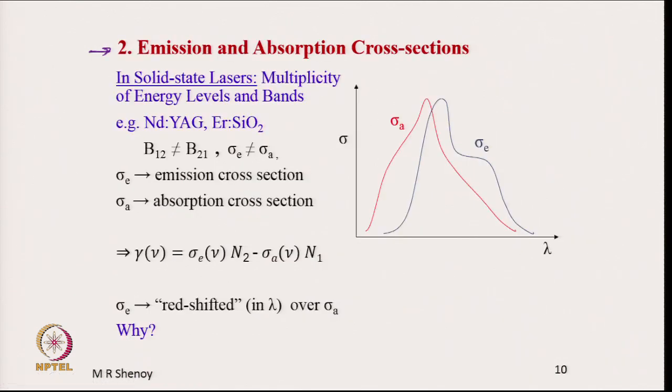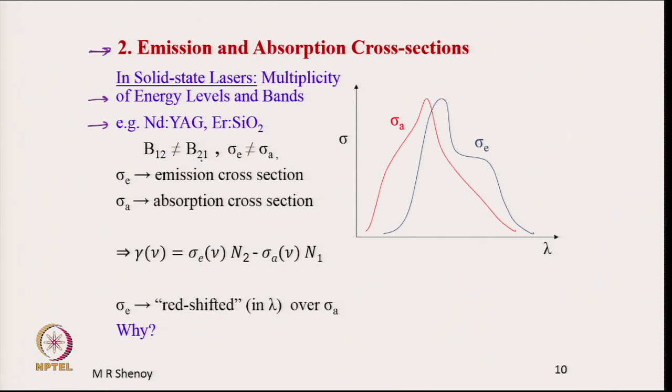In solid state lasers, it is not 2 levels; there are multiplicity of energy levels and bands corresponding to one energy value. For example, if you take neodymium YAG or erbium doped silica, these are fiber lasers, we will have B12 not equal to B21.